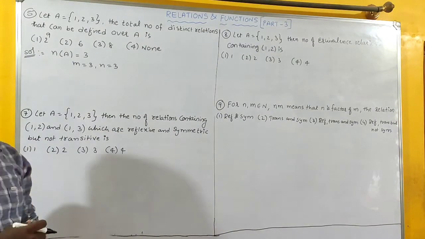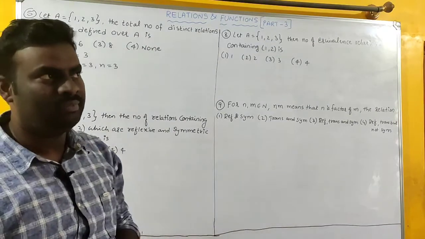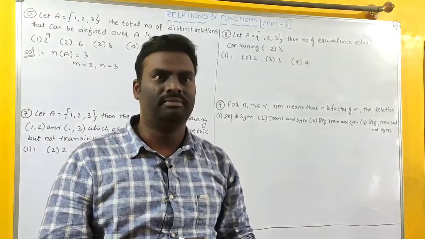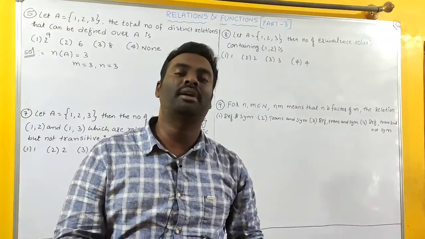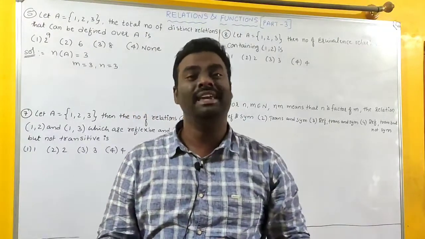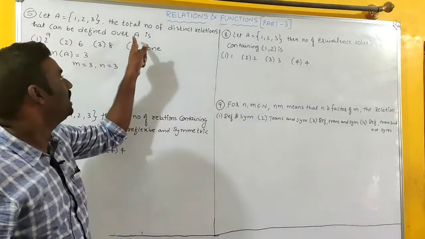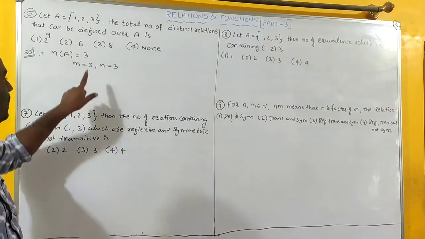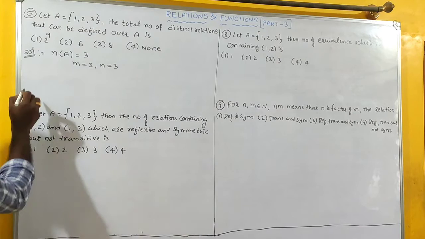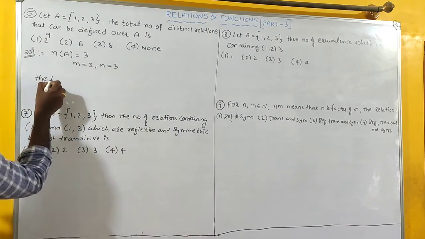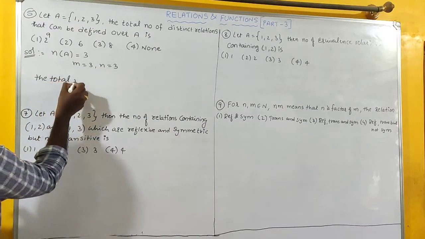If A to B, actually if n(A) = m and n(B) = n, the total number of elements in set A is m and the total number of elements in set B is n. But here they have given only one set. That's why m value, n value both are the same. Now what is the formula for the total number of relations?